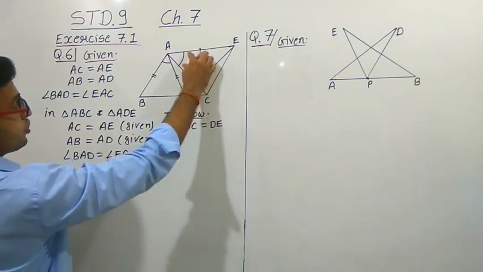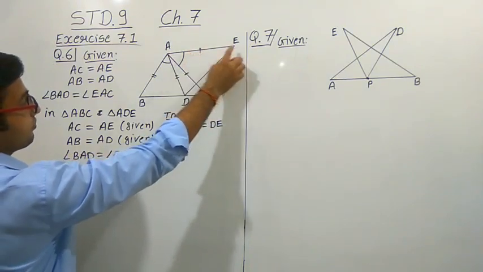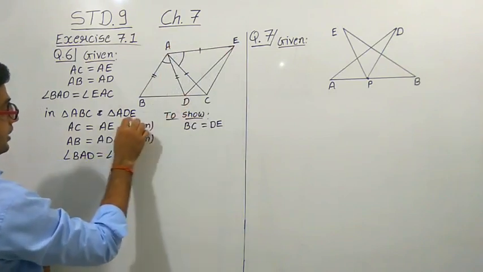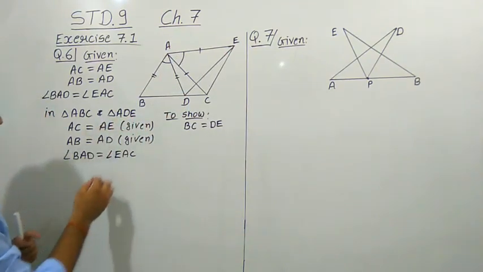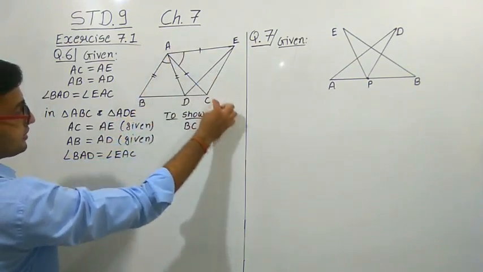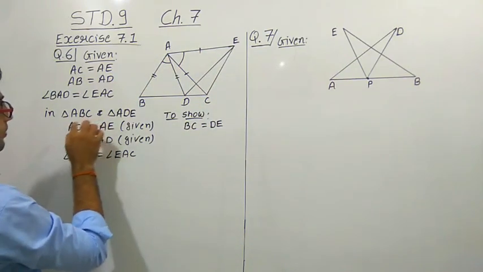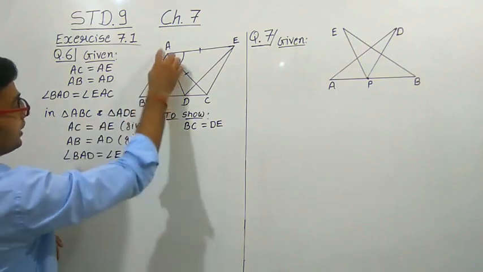EAC is also this much of the angle, but we require EAD because EAD is one of the angles of triangle ADE. In the same way, BAC is one of the angles of triangle ABC, not BAD.